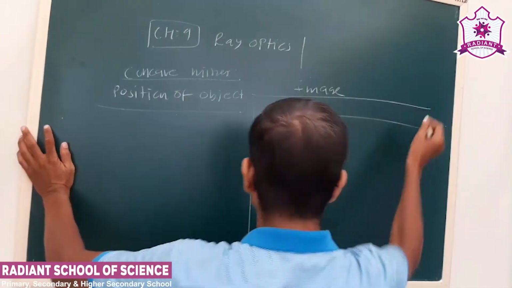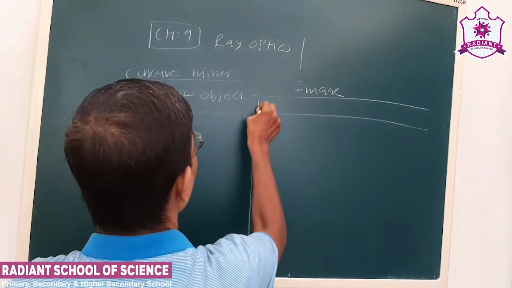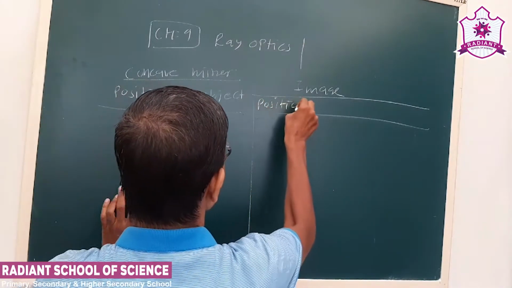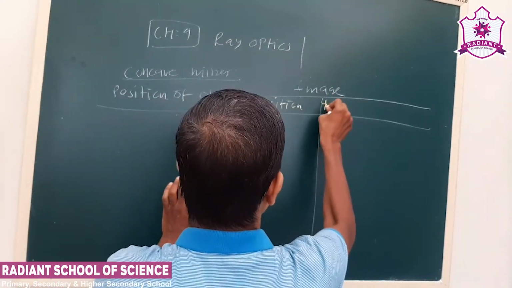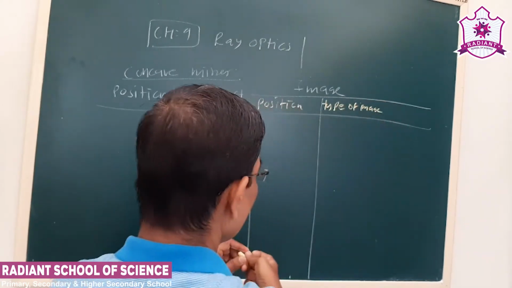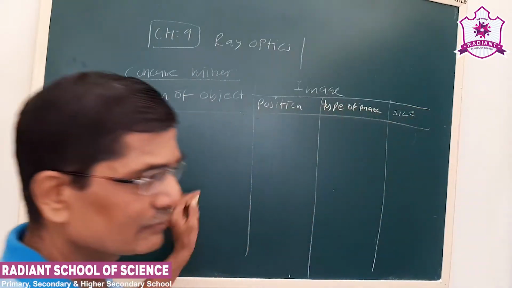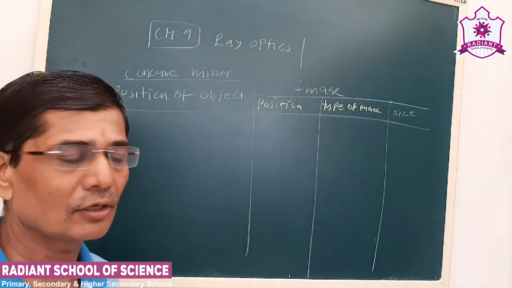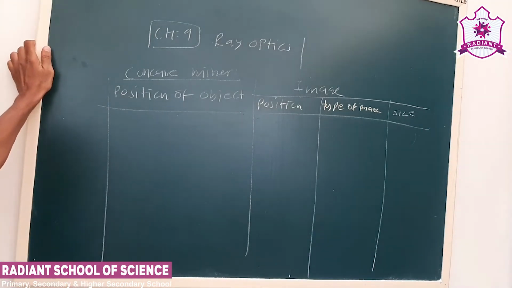We have to see where the image will be formed, the type of the image, and we have to talk about size, whether the image will be larger or smaller than the object.